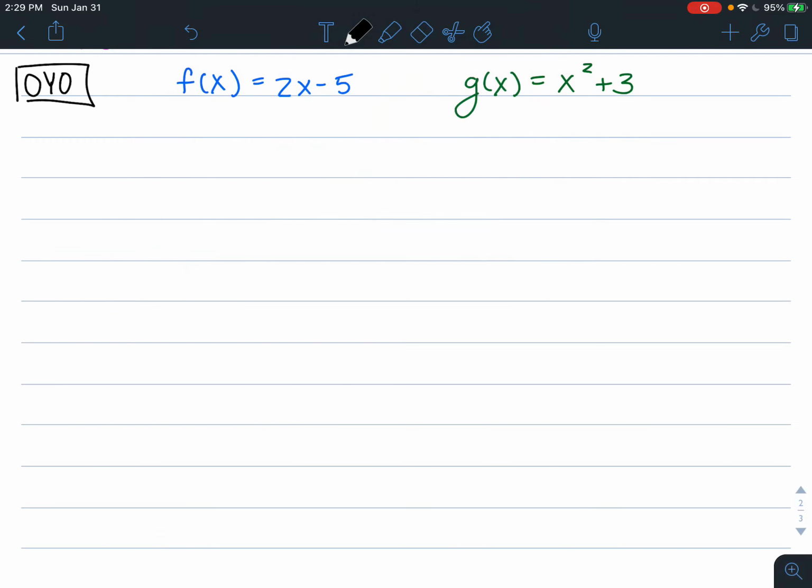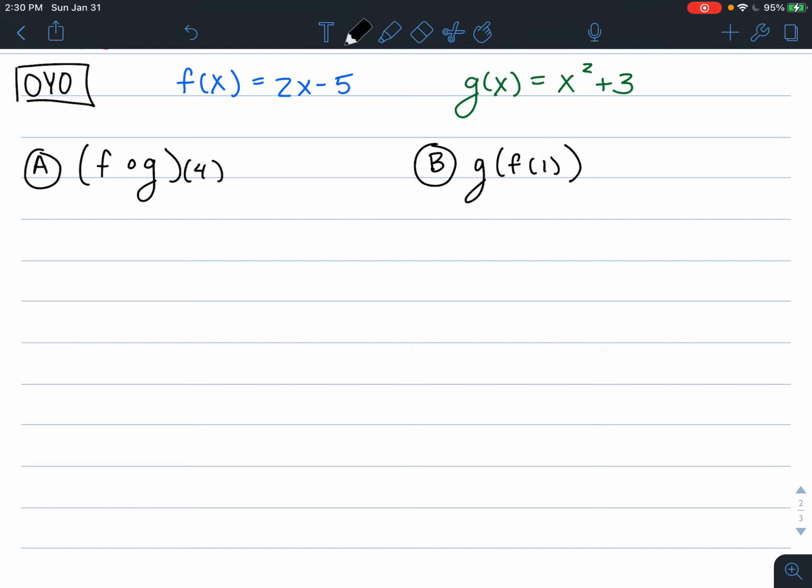I want you to find 2 problems for me. The first one is f composed with g of 4. The second one is g composed with f of 1. See if you can use those previous couple of examples and try these on your own.